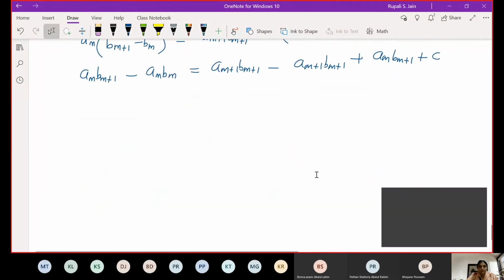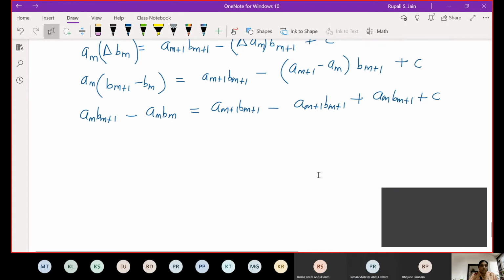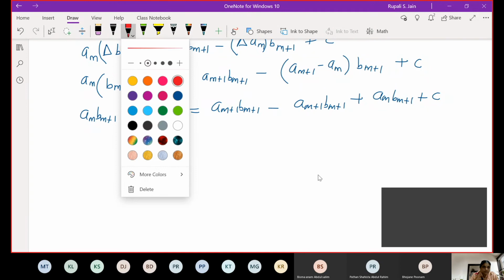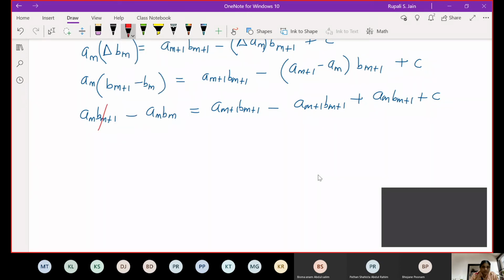Is that okay? Just simplifying. Now you can see am plus 1 bm plus 1 will get cancelled with this, and am bm plus 1 is the same on both sides. These two terms are the same and these two terms are the same.